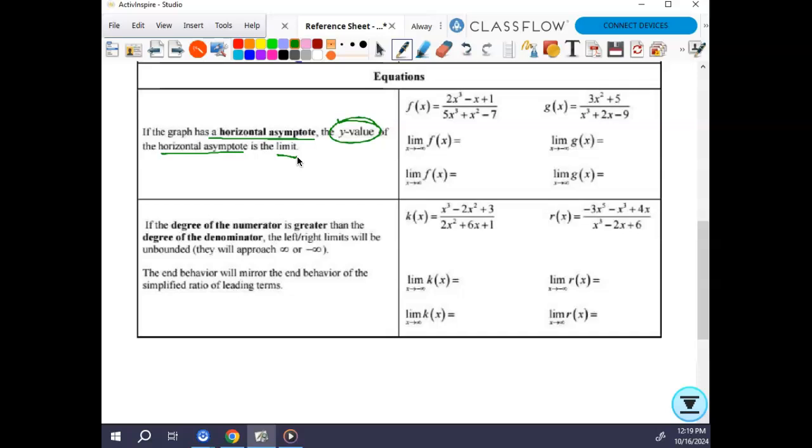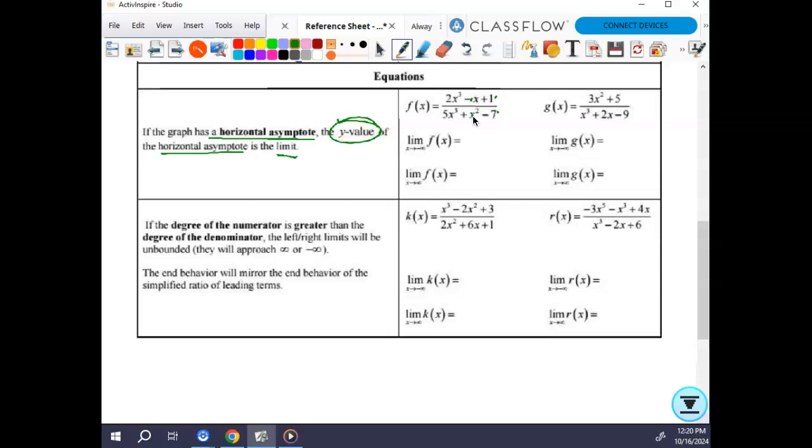So if I look at this first one, if I look at f here, is that top heavy, bottom heavy, or tied in degree? Tied in degree, which means that the numerator and denominator grow at the same rate. So when I start putting in bigger and bigger numbers, getting closer and closer to infinity, this 1 and the -7 become irrelevant, right? Because the numbers are so big. And even these two kind of become irrelevant.